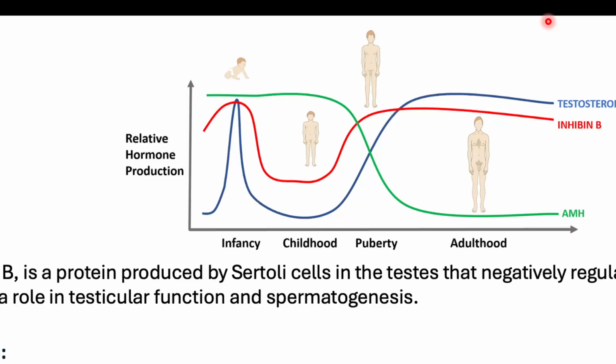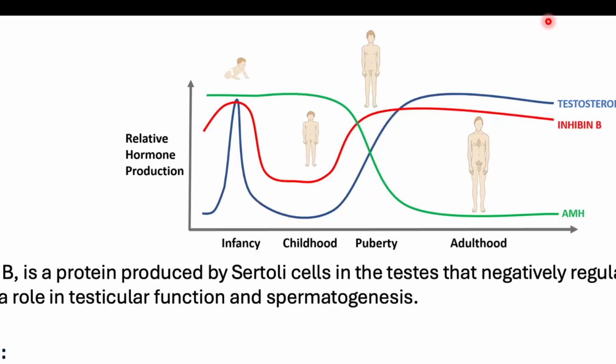Inhibin, primarily inhibin B, is a protein produced by Sertoli cells in the testes that negatively regulates follicle stimulating hormone, playing a role in testicular function and spermatogenesis. So here is the level of testosterone, inhibin and AMH during different stages of human life.